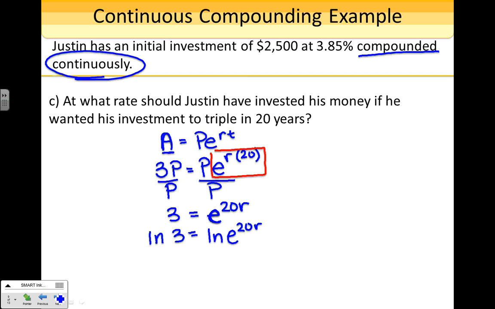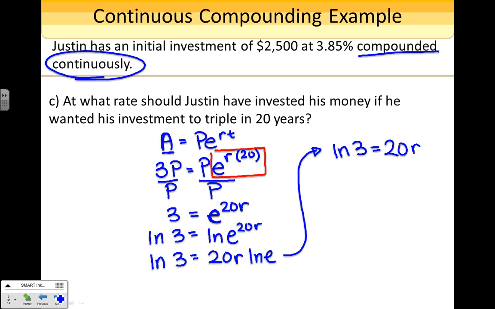I can use the power rule to bring my exponent down to the front. And again, I know that ln of e is just 1. So ln of 3 is equal to 20 times r. Divide by 20.